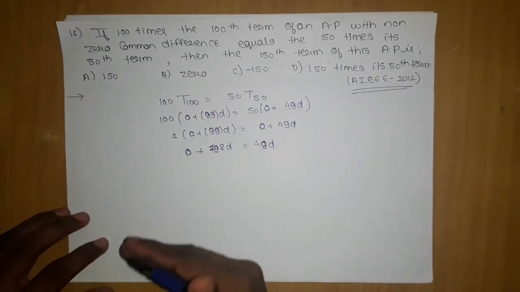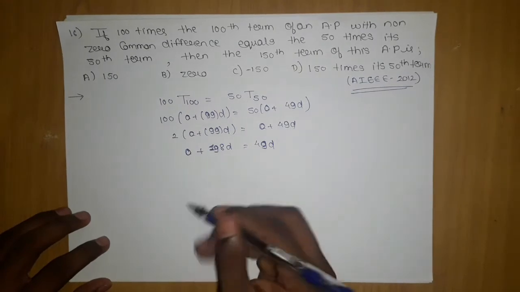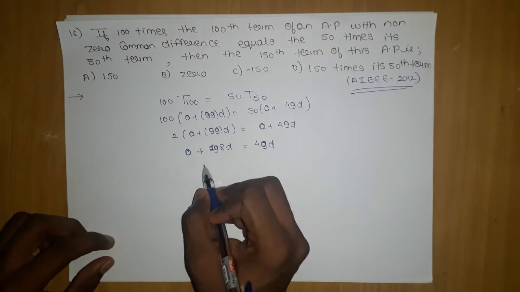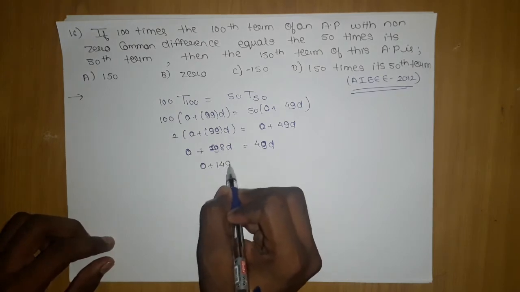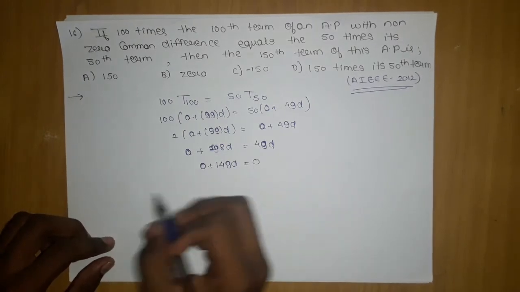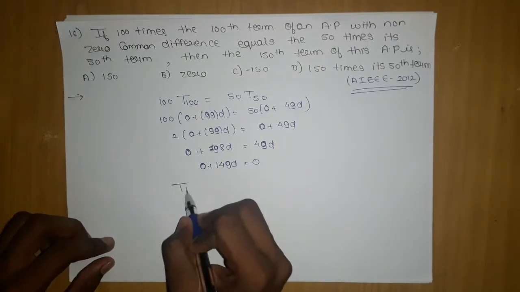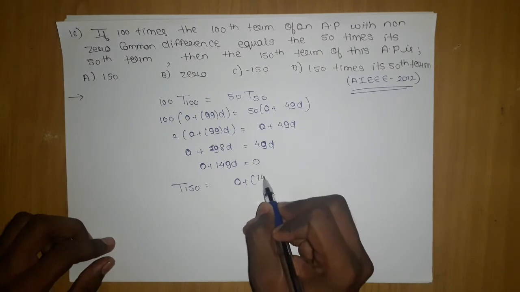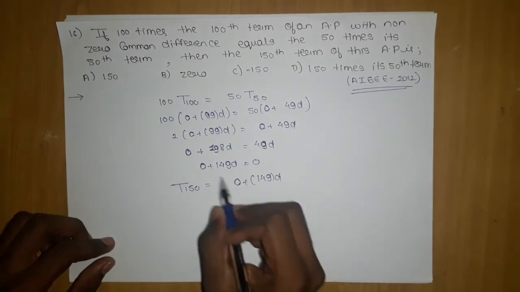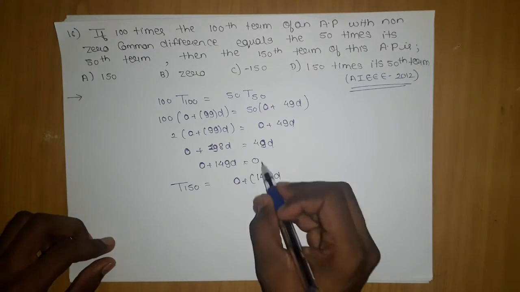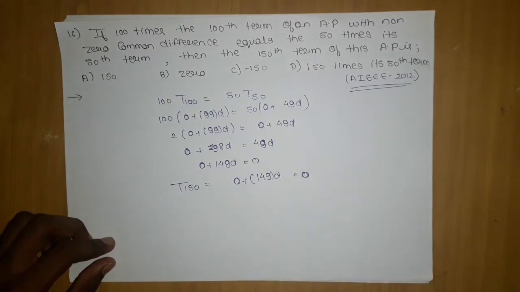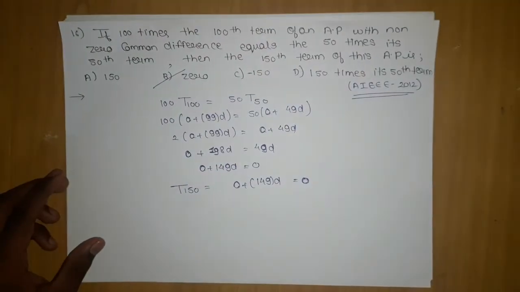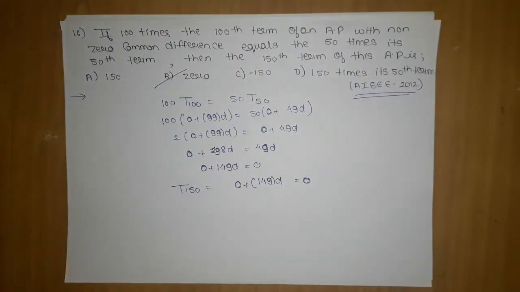Now if we move this here, what we are left with is A plus 149D equal to 0. Now they wanted us to find the 150th term, which is nothing but A plus 150 minus 1, that is 149D, and this is equal to 0, so the 150th term is 0. I hope you have understood this question properly.